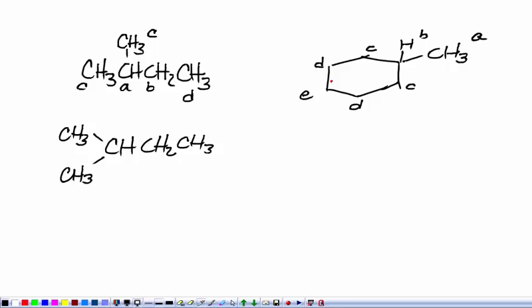If I put the mirror plane through the molecule like that, is D going to be equivalent to C? The only way that C and D are going to be equivalent to each other is if I can draw a mirror plane like this through the molecule. Well, I can't do that. So they're not going to be equivalent. E's not going to be equivalent to B, because one's a CH2, one's a CH. So in this case, there's 5.